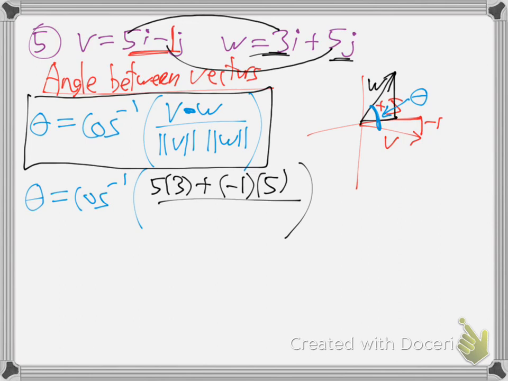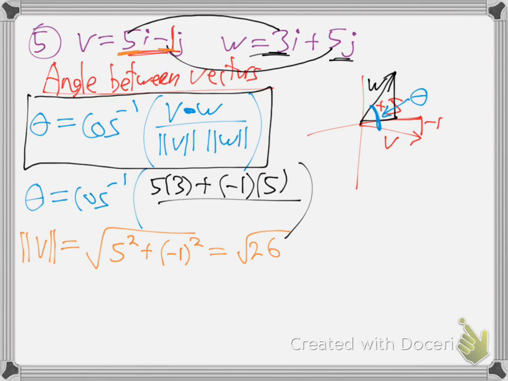And now, what's the magnitude of v? You know how to figure that out, huh? The magnitude of v. Magnitude, that's the Pythagorean thing, right? The length of a vector. Every vector is the hypotenuse of a right triangle, isn't it? So it's the square root of a squared plus b squared, 5 squared plus -1 squared, which is the square root of 26.